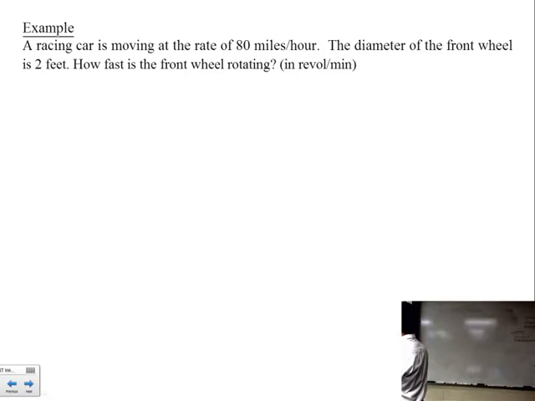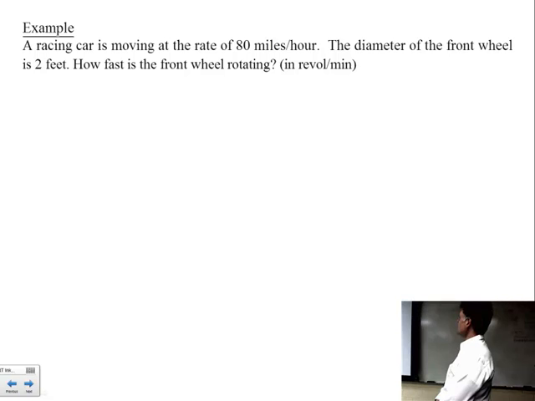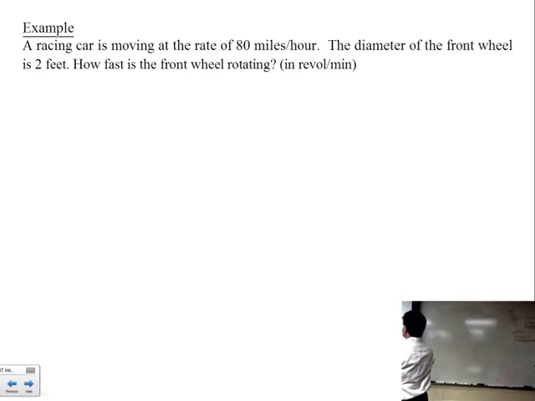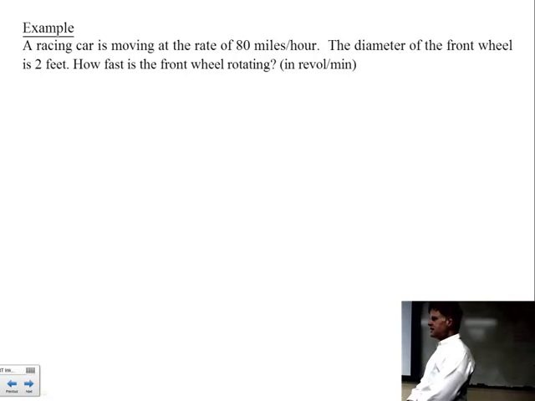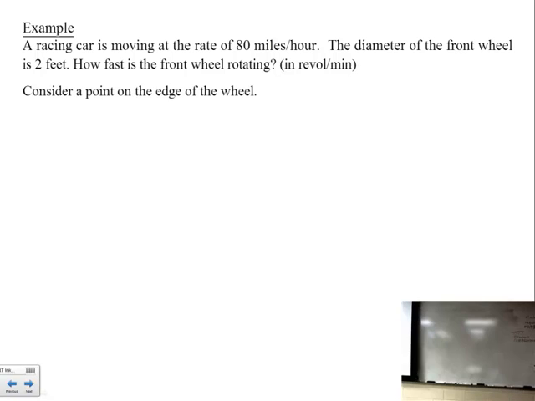The car is going 80 miles an hour, so we've got miles and time in hours, and we want revolutions per minute. So we've got 2 different time units, and we also have 2 different distance units, don't we? We've got feet and we've got miles. So now we have to convert distance units and time units to get what we want.